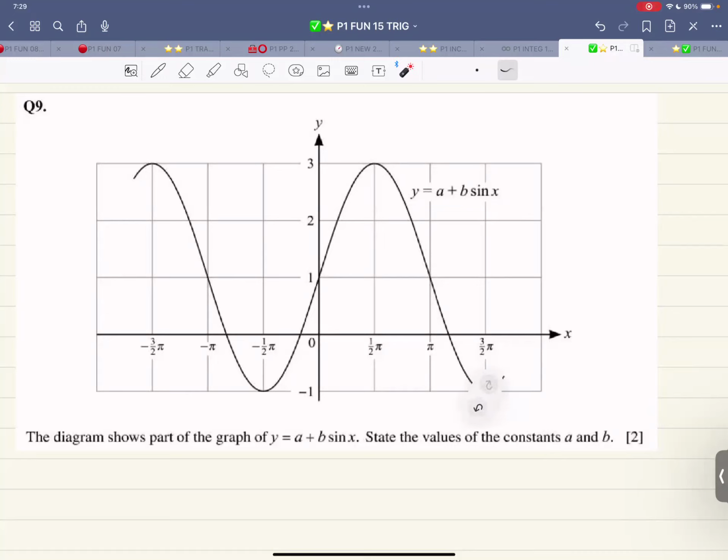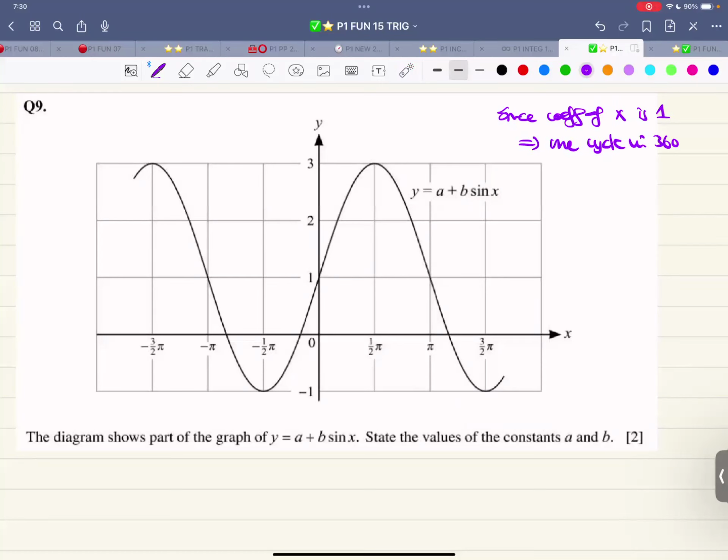State the values of the constants a and b. Now, how do we judge that it is still one cycle? One way of judging is that the coefficient of x is 1. Since the coefficient of x is 1, that means one cycle in 360 degrees.